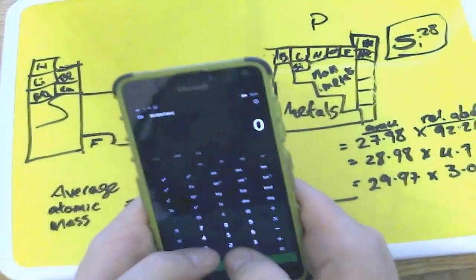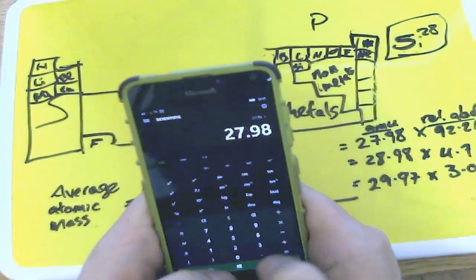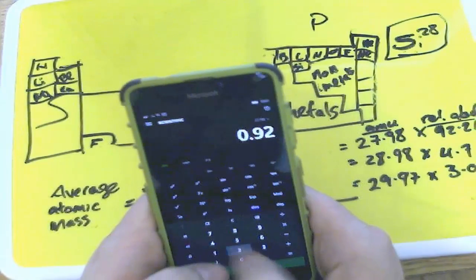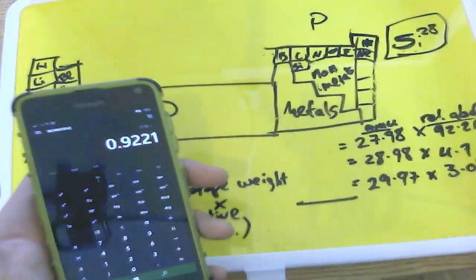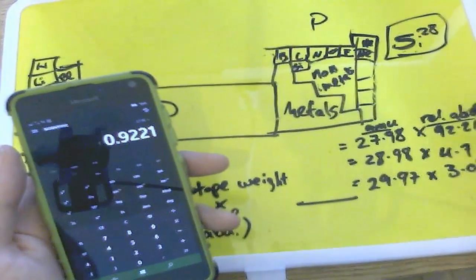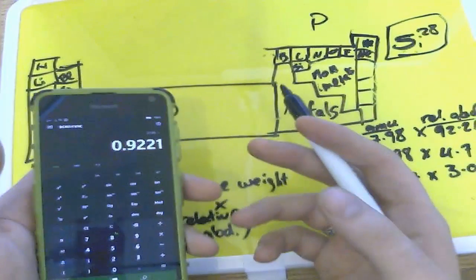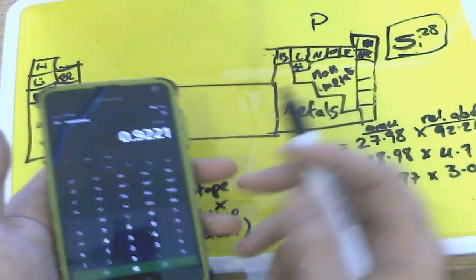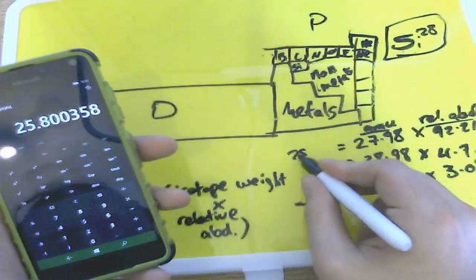Do some workings. 27.98 times 0.9221. We're using 0.9221 because it's a percentage. You wouldn't want to multiply it by 92.21, otherwise you're multiplying it by 9200. So that comes in at 25.8.